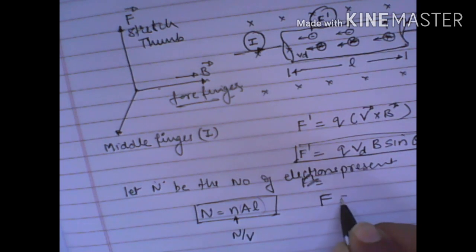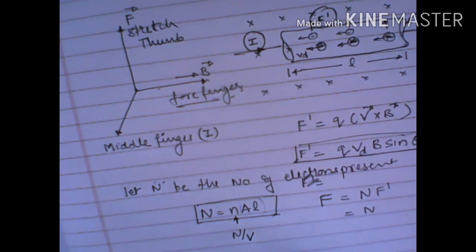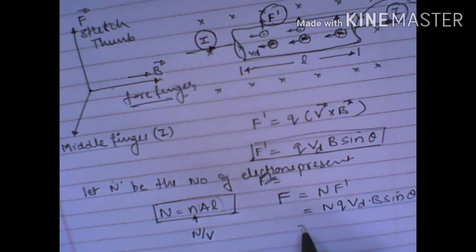So the net force or total force is equal to N into F dash. So this will come out to be N into Q VD into B into sine theta. Correct? So what is N? N is equal to capital N equals small n A L, into VD, into, now the charge I will substitute as e, the electronic charge, into B sine theta.